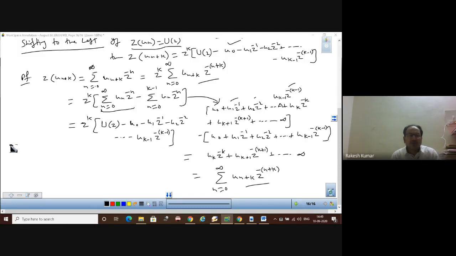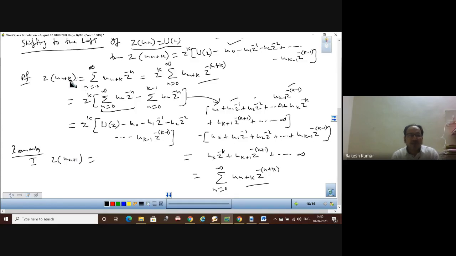Now, shifting to the left can also be used for some standard remarks. In remark number 1, we can find the transform of u_(n+1).